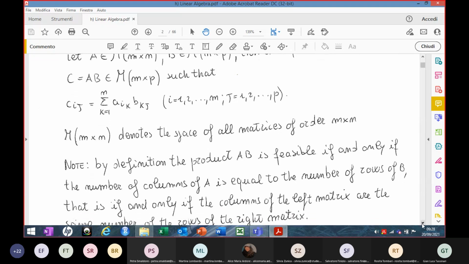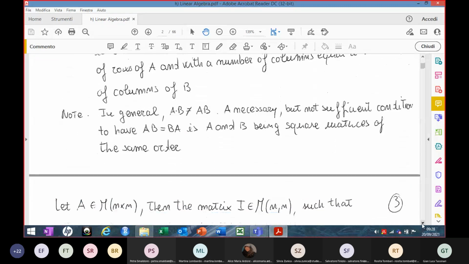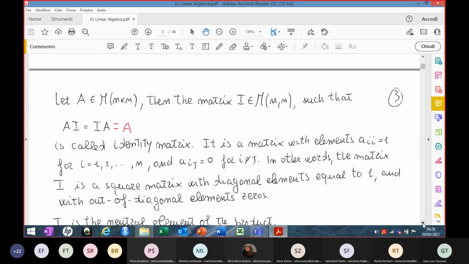So in general, yes, I wrote everything here. I simply told you what I wrote here. Let A be an n times n matrix, which means that A is a square matrix, and let I be a matrix of order n. Again, this is a square matrix, and this is also a square matrix.